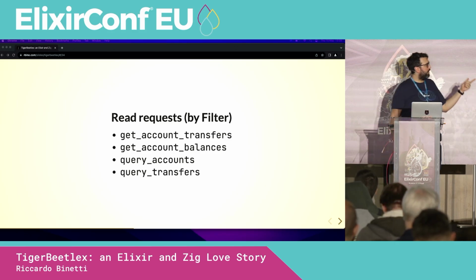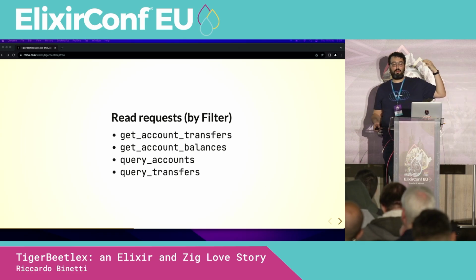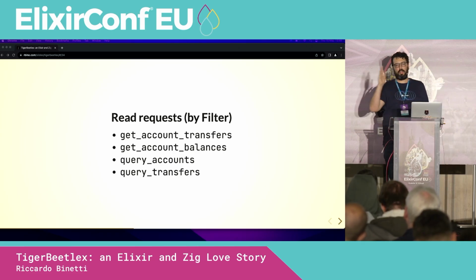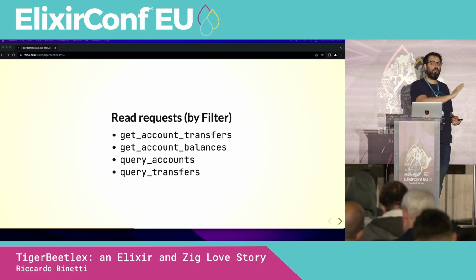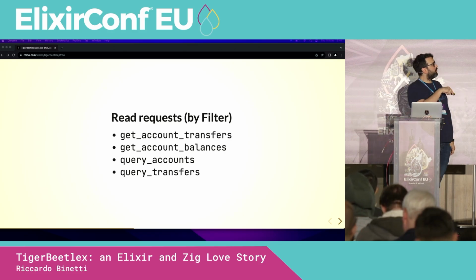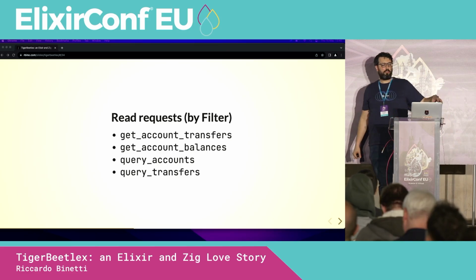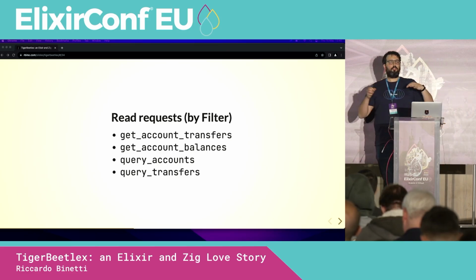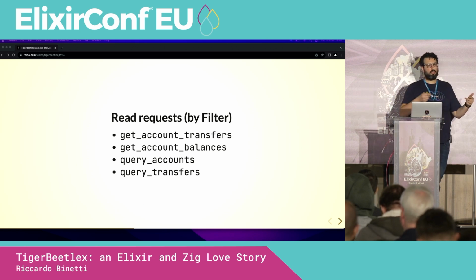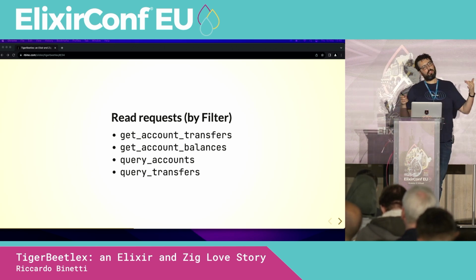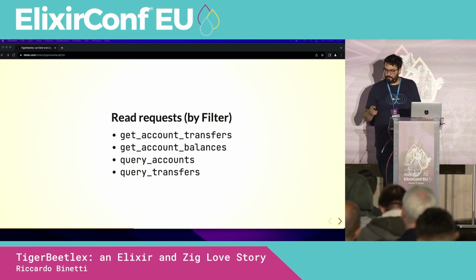And the second one, you get all the balances at a certain point in time. So you have the whole history of how the balance changed for an account. And with the second two, you're able to retrieve some accounts or some transfers using filters on ledger, on code, on the user data, basically on metadata. You're able to query all the secondary fields of the structs.